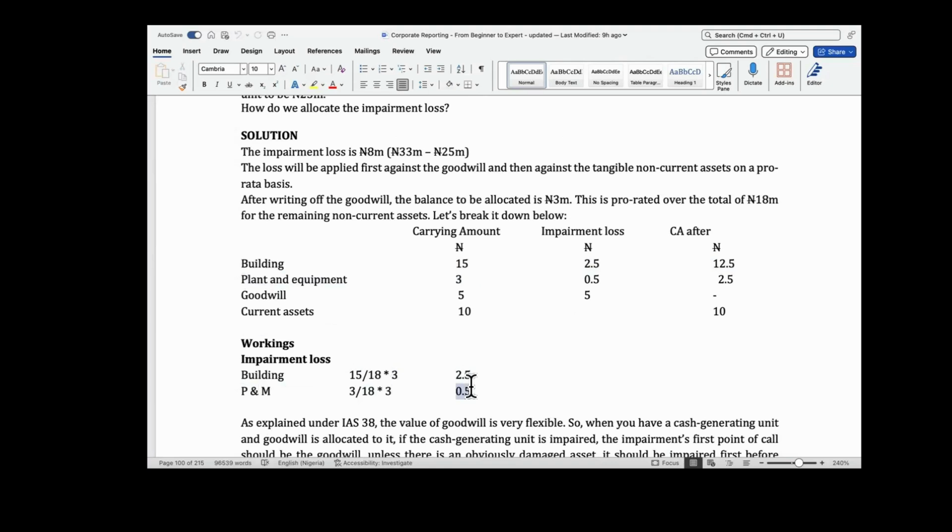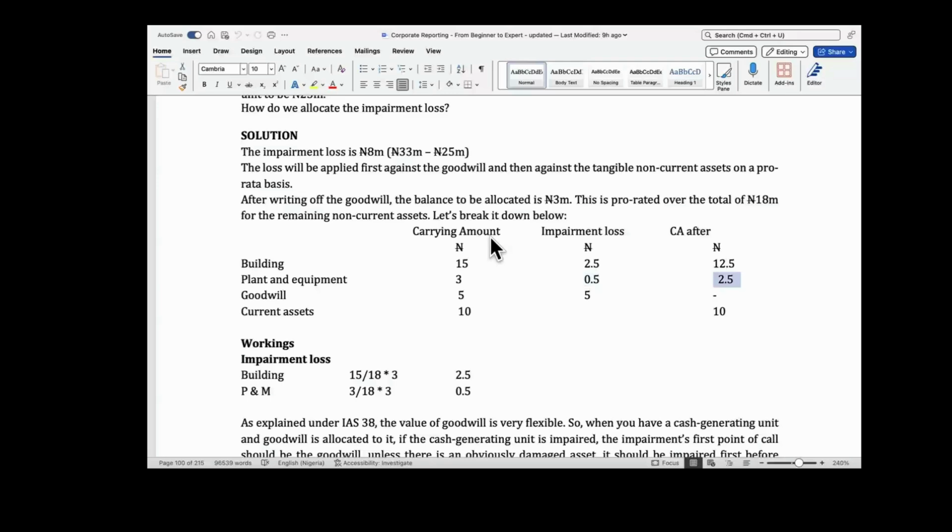So 15 minus 2.5, that's 12.5, and 3 minus 0.5, that's 2.5, okay? So for the current assets, you are not going to allocate any impairment loss to it, so it still remains 10. And that's how you allocate impairment loss to assets in a CGU. Okay, so that's that.